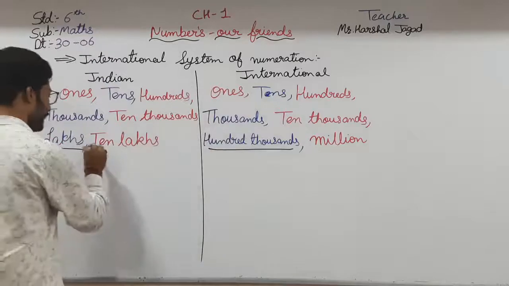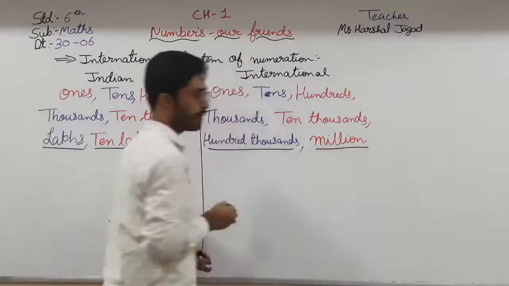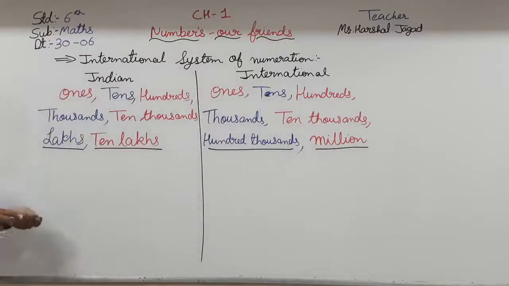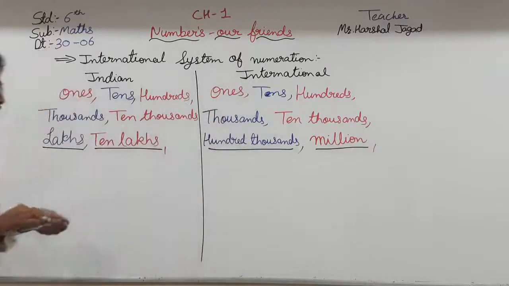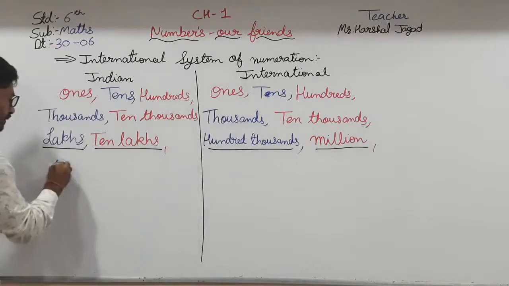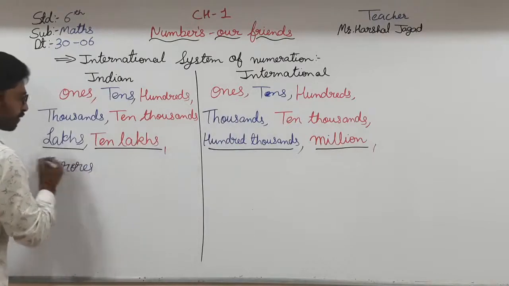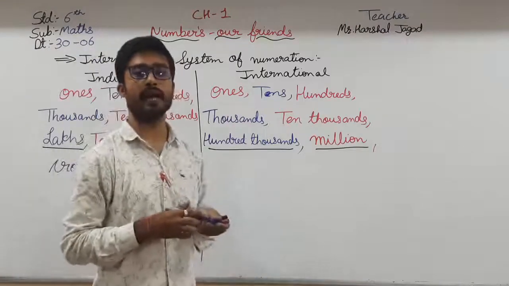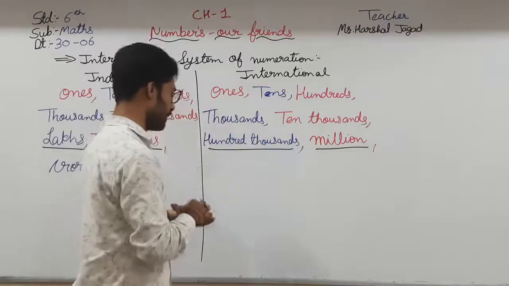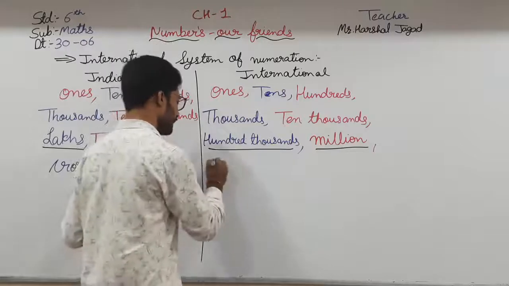So again underline this because it is different. Then after comes crore here, crores place, but here it will be 10 million.